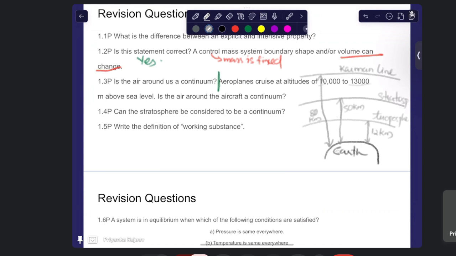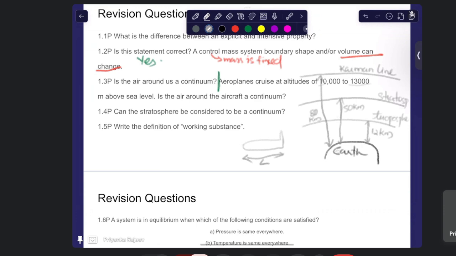So here air is considered to be dense, because you can see aeroplane characteristic length is sort of what, in meters, right? Like 100 meter, 200 meter, 500 meter. That is the sort of length that we are dealing with. And again, mean free path length is really really low.